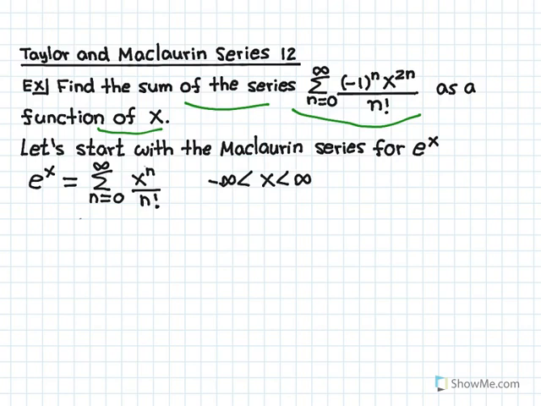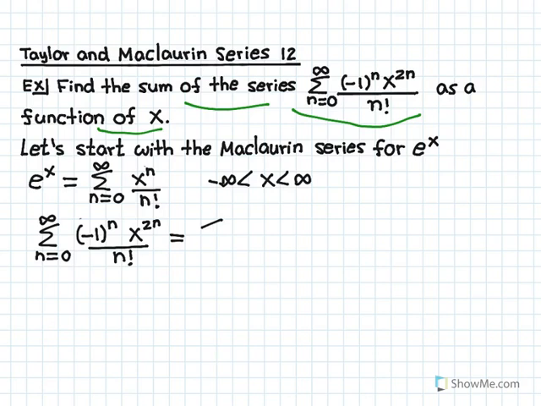Now let's rewrite the question that we're given in a different way such that we can fit it into the pattern of e to the x. So we have minus 1 to the n times x to the power of 2n divided by n factorial.